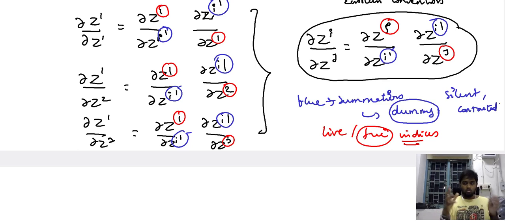So, to sum it all up again, we have some different partial differential equations in order to describe the inverse relations between two coordinate systems. And these PDEs can be represented in a simplistic, elegant way by introducing indices.